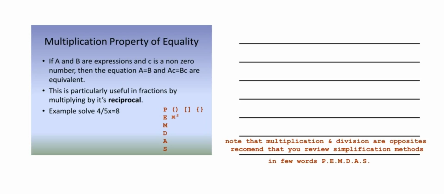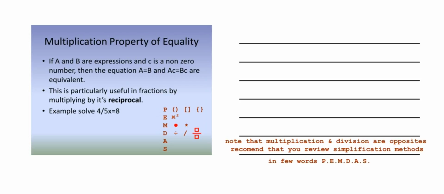E stands for exponents. M stands for multiplication, and you can use a big dot or an asterisk if you're using your computer to imply multiplication. D, division, which is your regular division sign. You can use the slash sign as a division sign, or a fraction also implies a division.